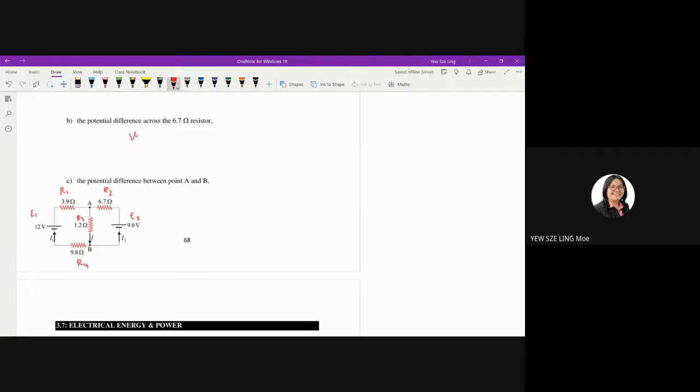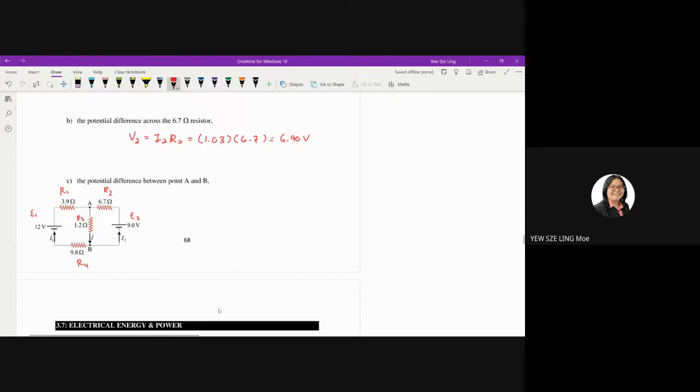So basically V2 equals I2 R2, which is equals to 0. Oh, sorry, 1.03 times 6.7, which is equals to 6.9 volt. Okay, 6.9 volt. Now, let us look at question C.